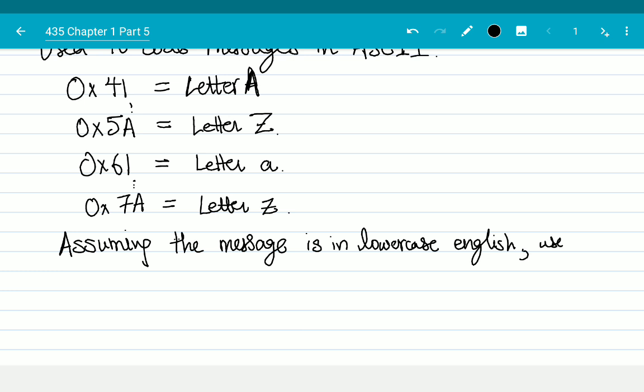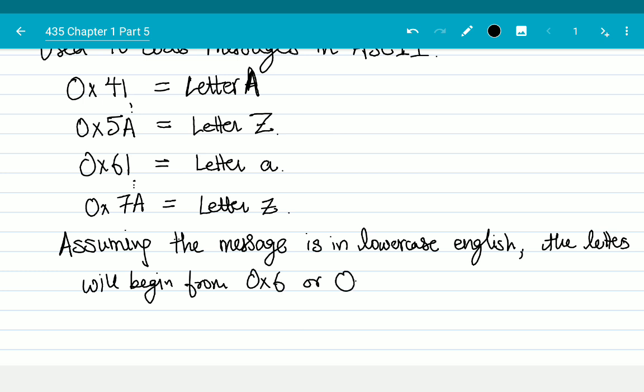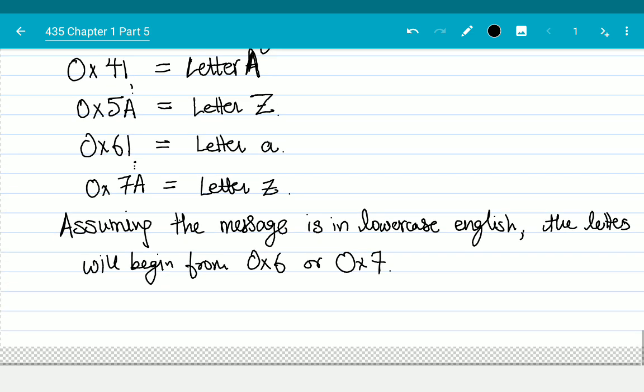The letters will begin from 0x6 or 0x7. Okay.